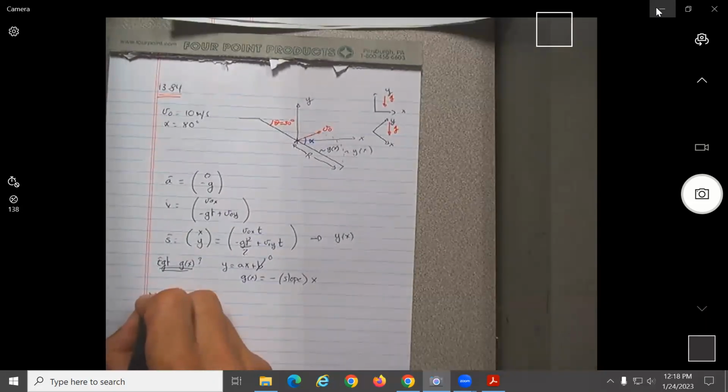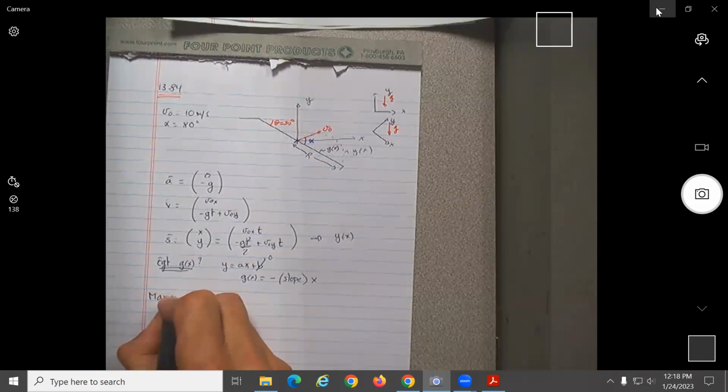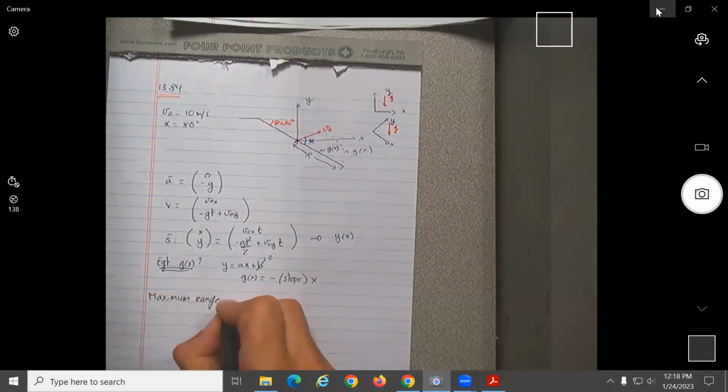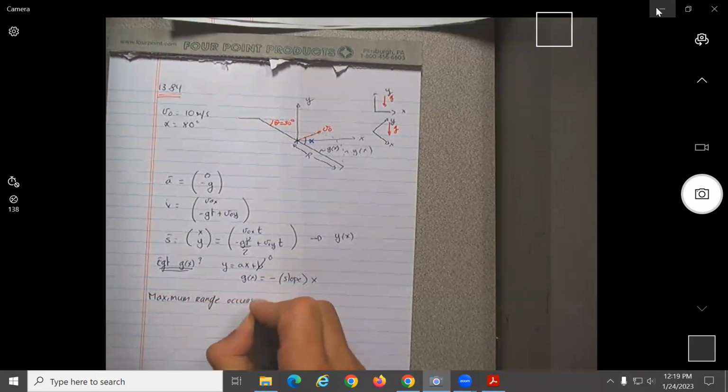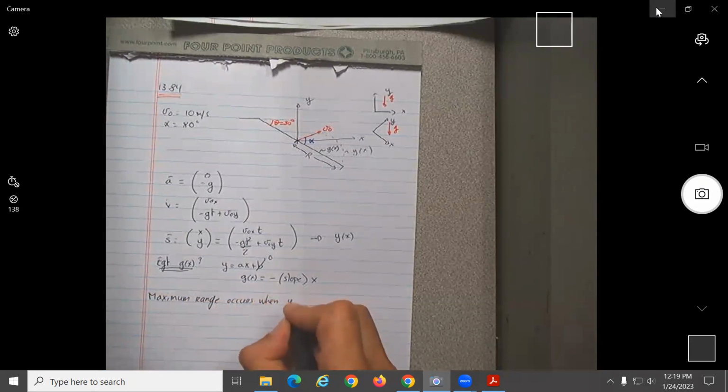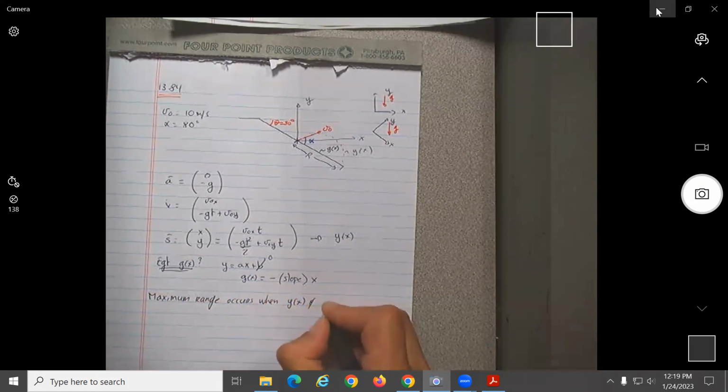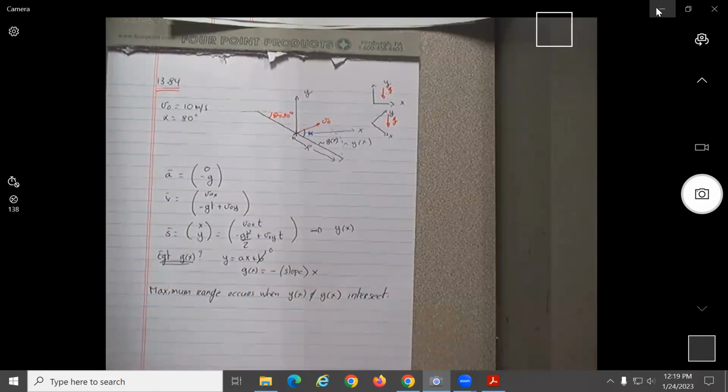So maximum range will correspond to what? When the equations y of x and g of x do what? They intersect. So in order to find the intersection, what do you need to do?